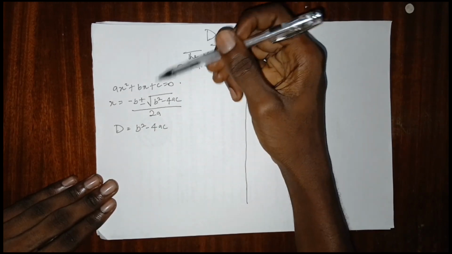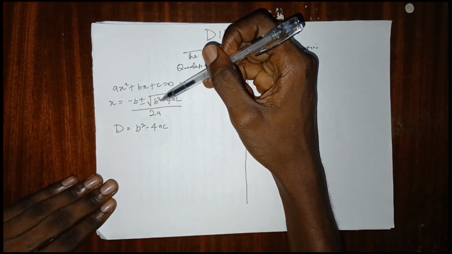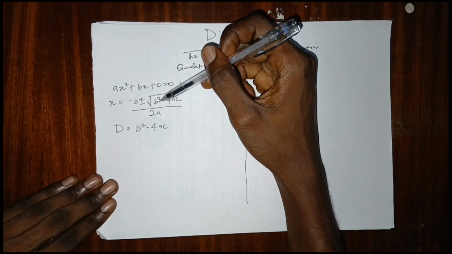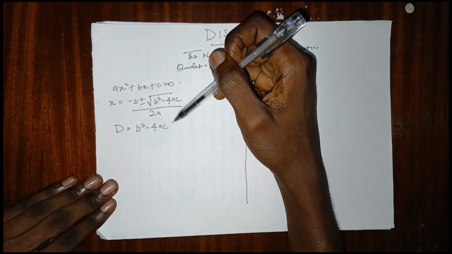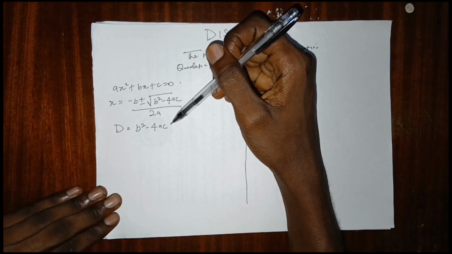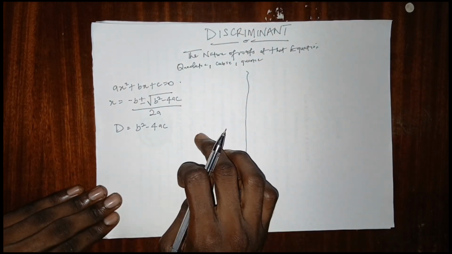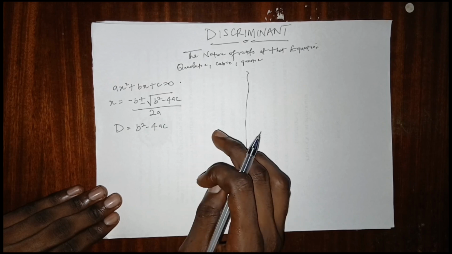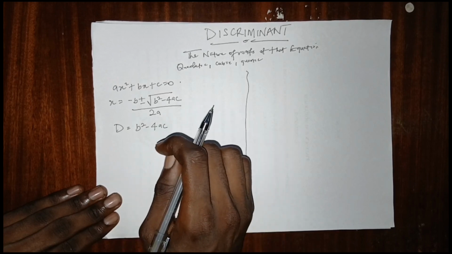From this expression you can either get a plus or a minus, which I'm going to explain further. So this determines the root of the equation, and like I said, this is just for quadratic.